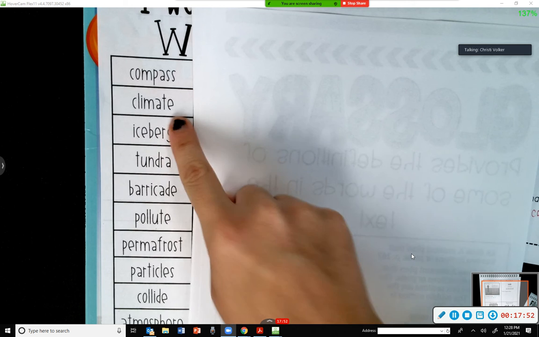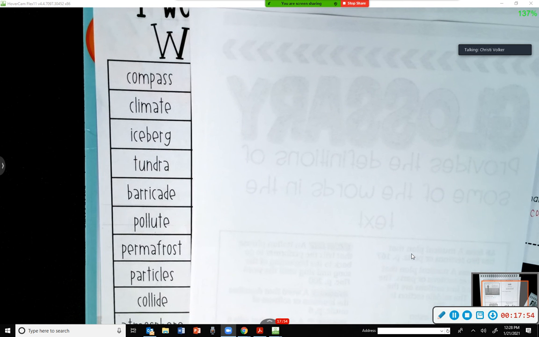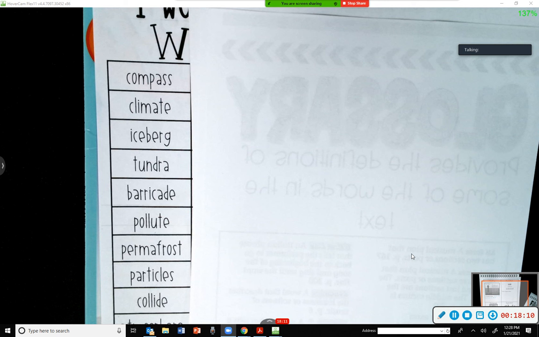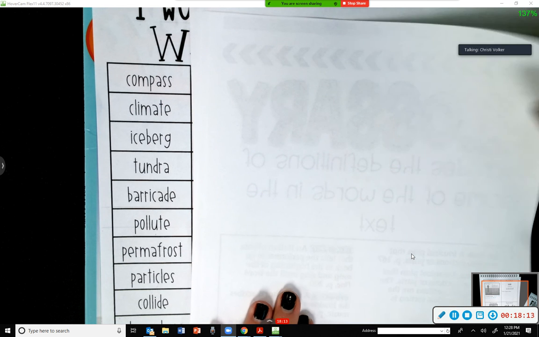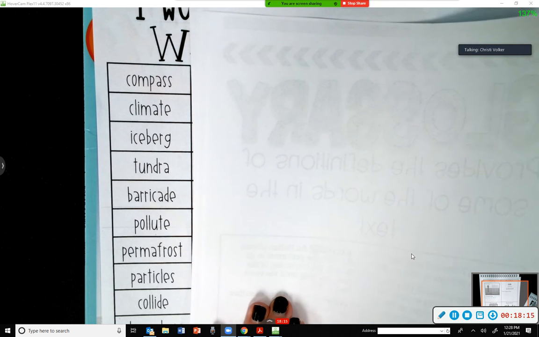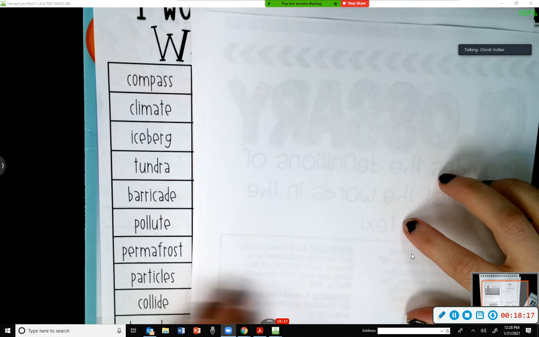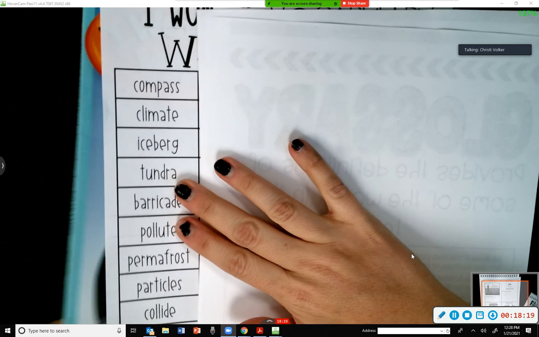Climate. Anybody know what climate is? Nobody knows what climate is. Throughout the book, it talked about climate in the Arctic and Antarctic.